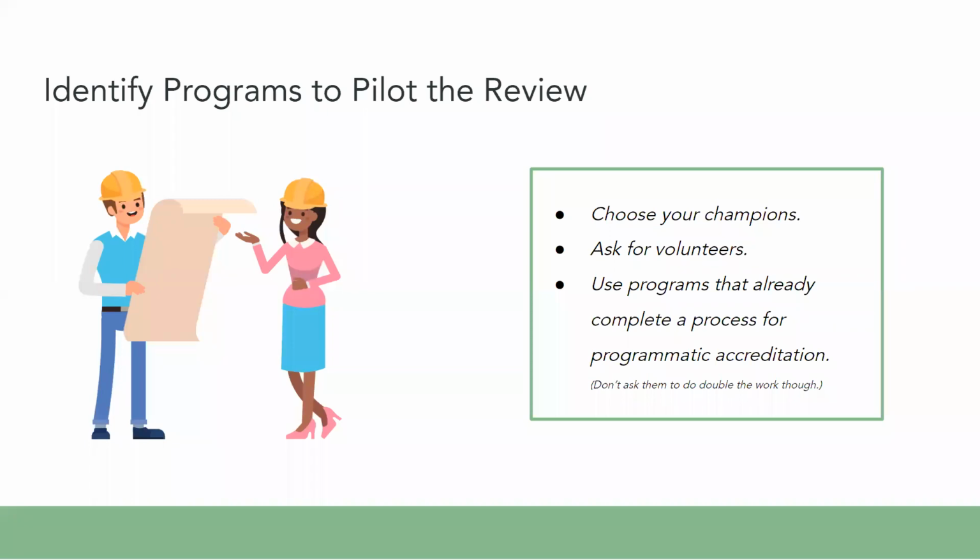You do not want to engage in a battle royale on your campus the first year of this cycle. You want to choose programs that are strong, who understand assessment well, that at least on the surface seem to be supporting the mission of the school. Because then the more smoothly this goes, then you can use the testimonies of those programs to help those in the next cycle buy into the process and even give them tips and pointers.